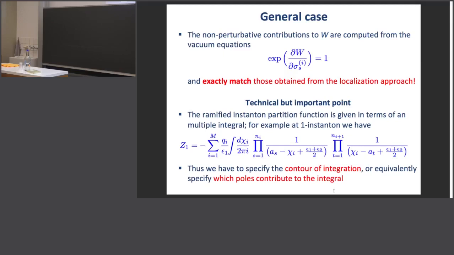Therefore, you have to specify the prescription with which you compute such integrals. Since the integrands are typically rational functions, you have to tell me which are the poles that you want to select, that contribute to the result, and those which you have to reject. This is what you have to do in practice in order to find the precise match.